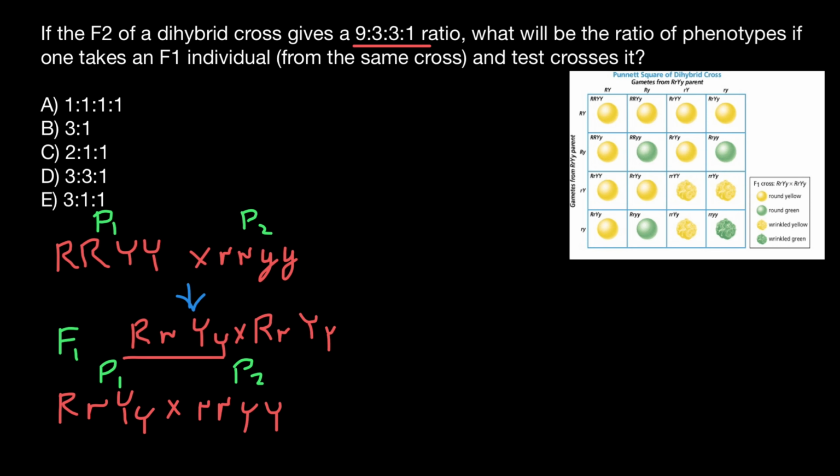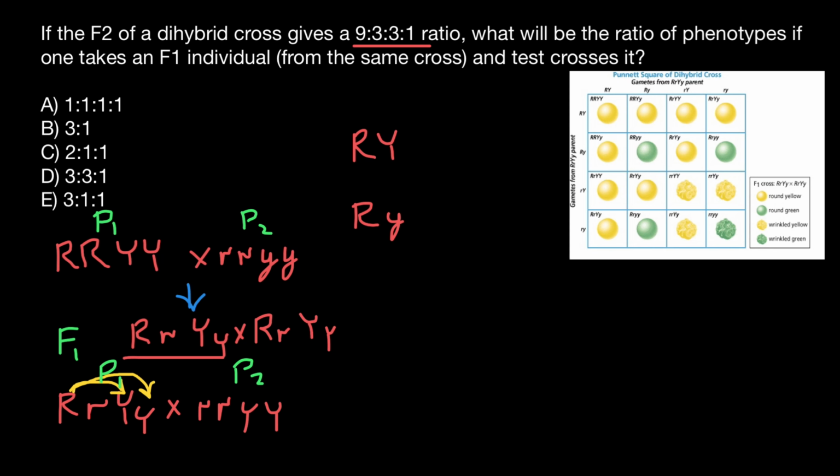Parent 1 can produce the following variants of gametes: capital R and capital Y, so capital R and capital Y. And another variant would be capital R and small y.